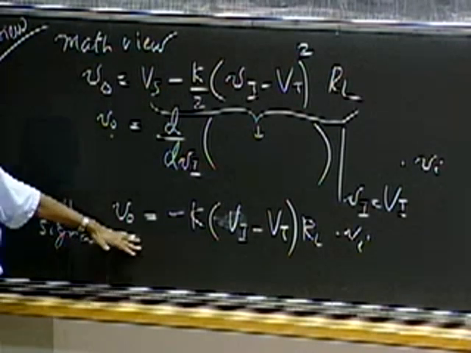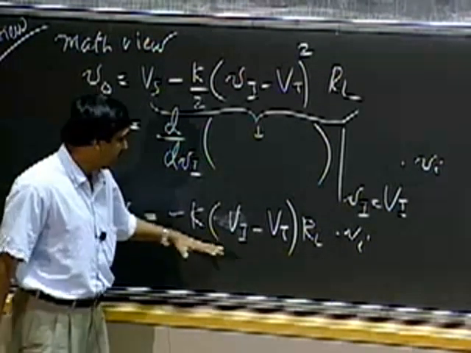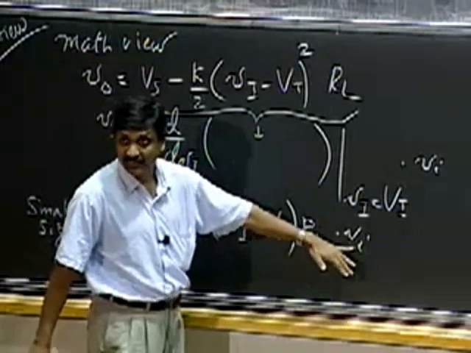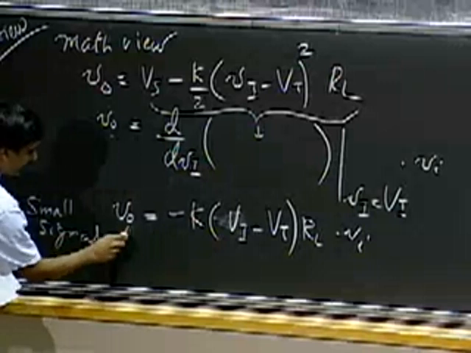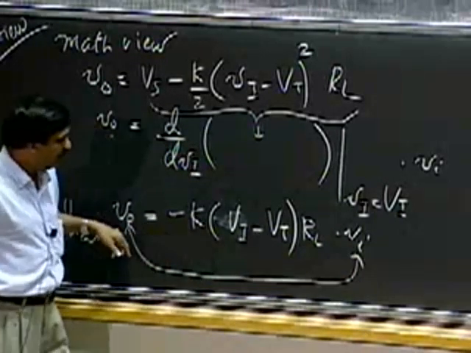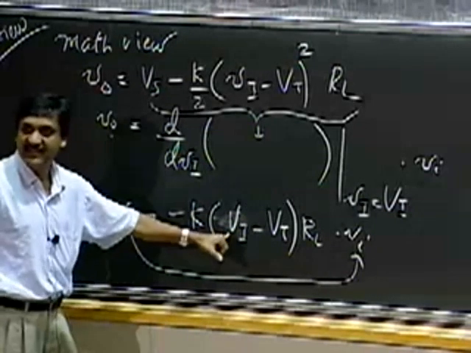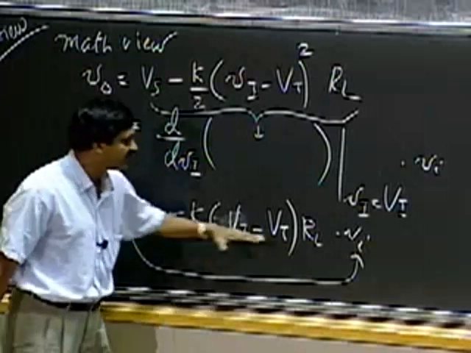So my small signal output was some function given by K VI minus VT RL times small VI, and notice that this is how VI relates to VO, and this is a constant with respect to VI. Capital VI is a DC bias, so this is a constant.